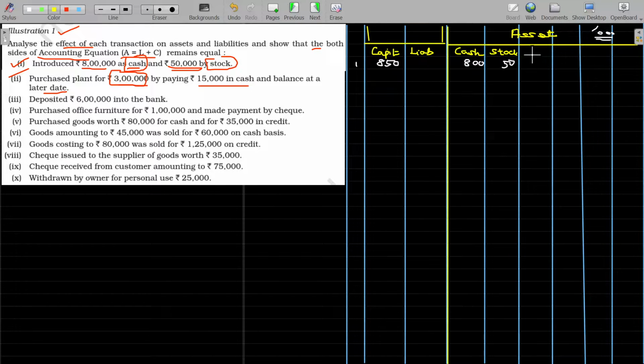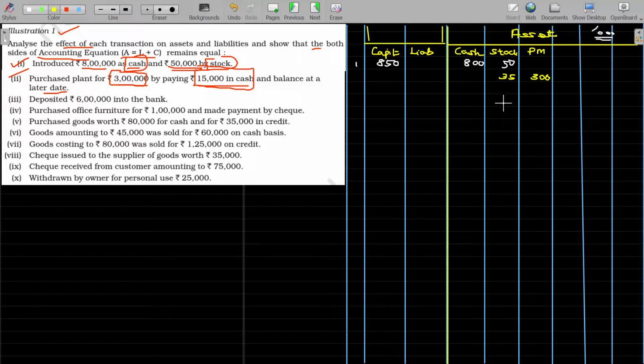So I am going to introduce one more column here: plant and machinery, with a value of 300,000. And for that I have made a payment of only 15,000, because of which my cash box shows a decreased value by 15. So 50 minus 15, this is only 35,000. And the balance 285 will be payable later.